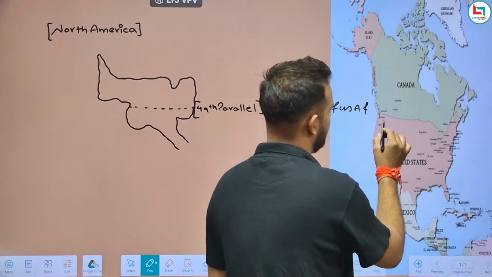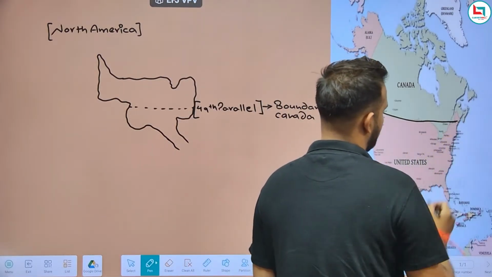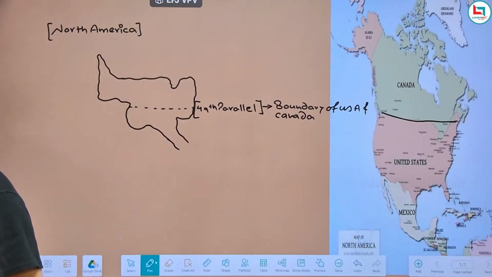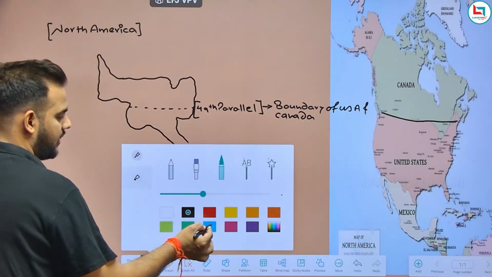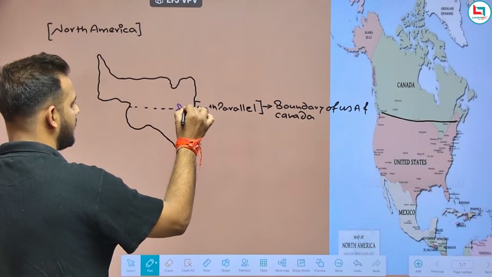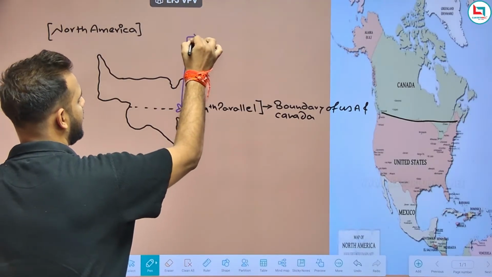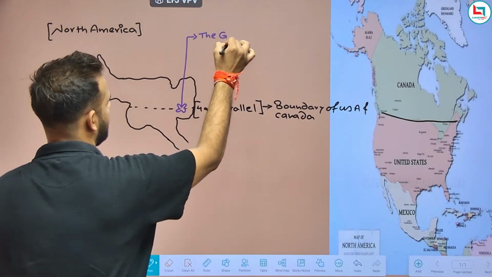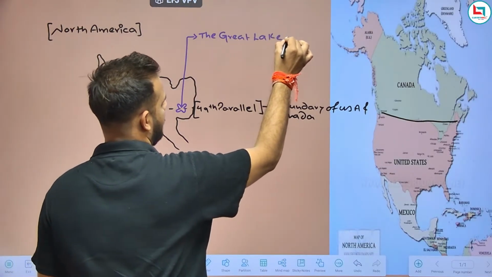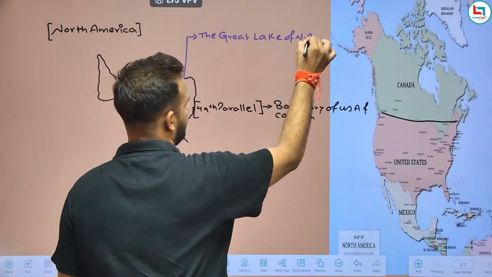You may see the straight boundaries. On this particular boundary, the 49th parallel, you will see the lakes which are known as the Great Lakes of North America.